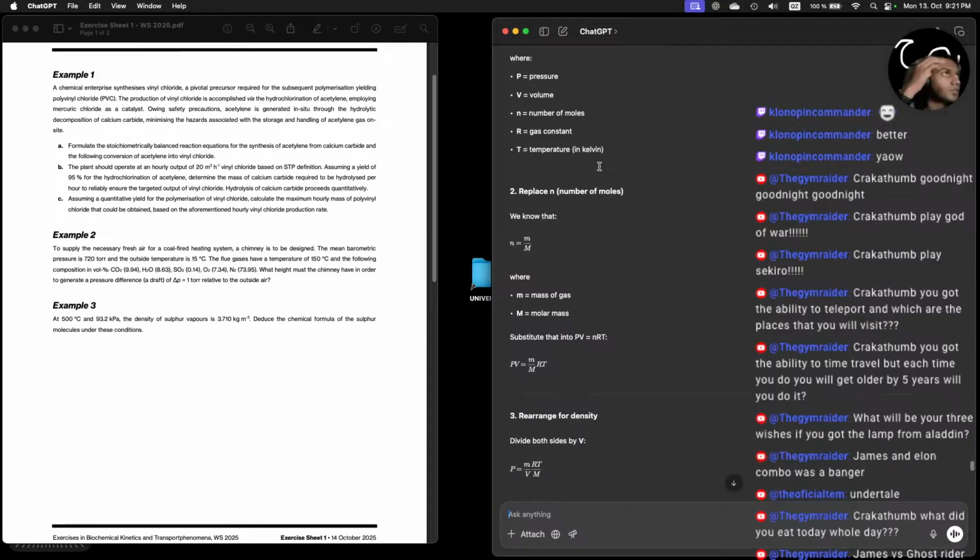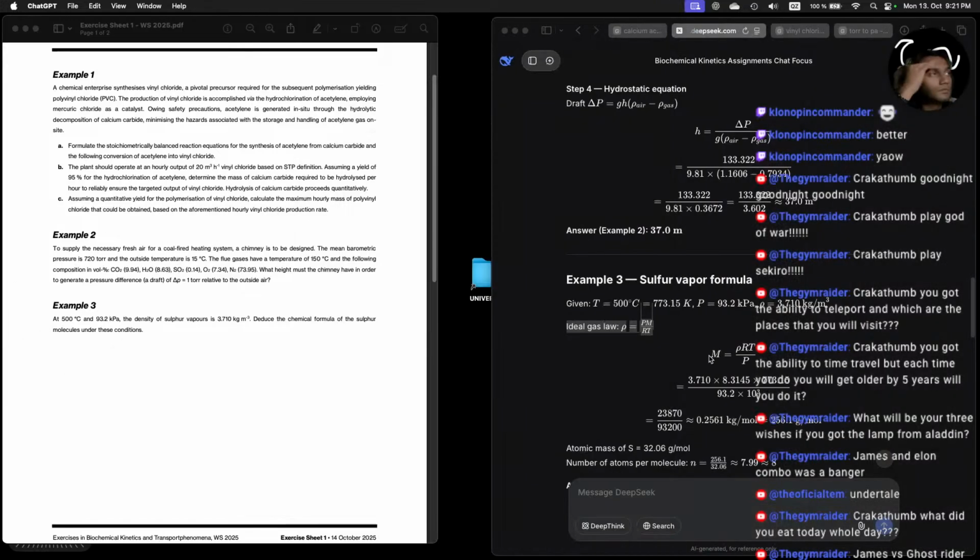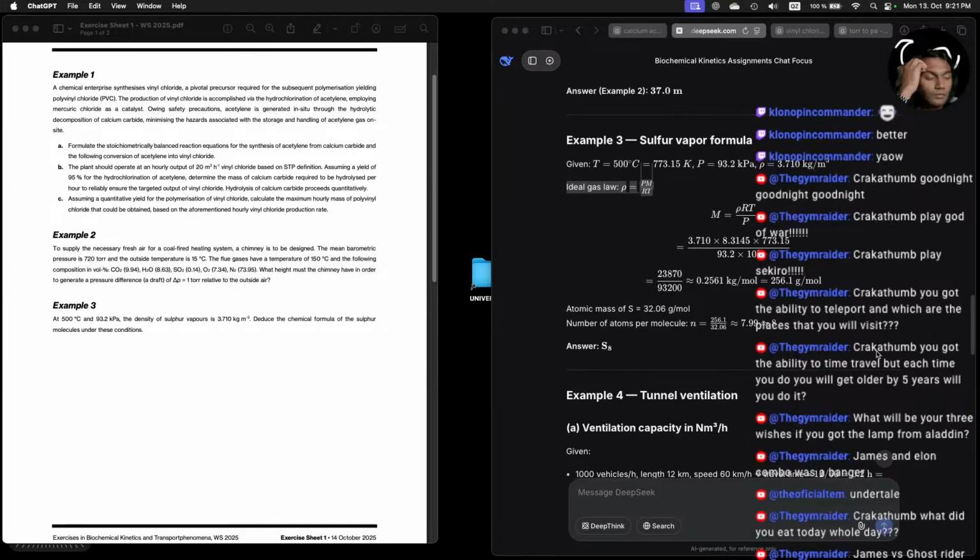Oh, okay, so it's derived. So rearrange. Molar mass is equal to density times universal gas constant times temperature by pressure.